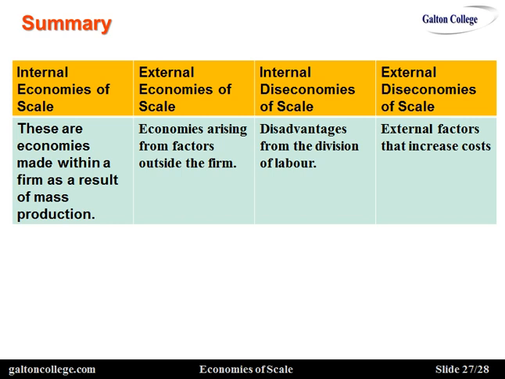So the company grows, it's able to cut the cost of borrowing, it's able to have specialist research and development, specialist labour and so on, all of which heads towards reducing unit costs. External economies of scale, better facilities outside, better communications networks, road systems, rail, airports, better education within the area specialised to the industry, better external economies of scale. The area gets tooled up to service the industry.